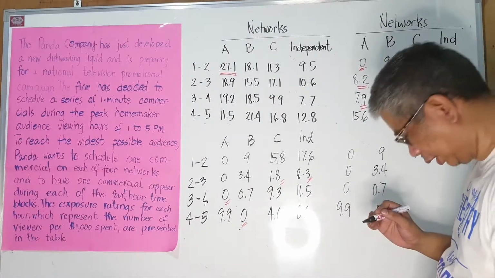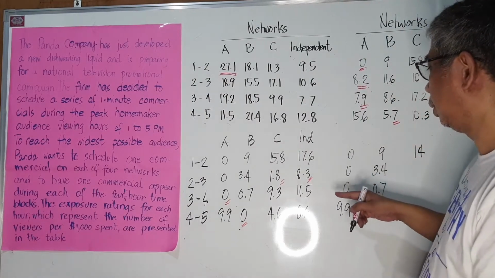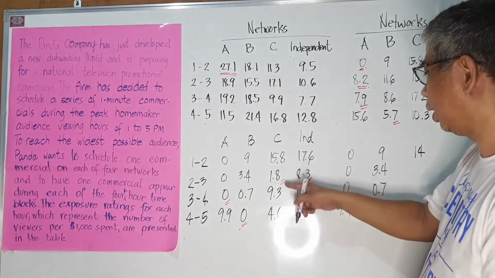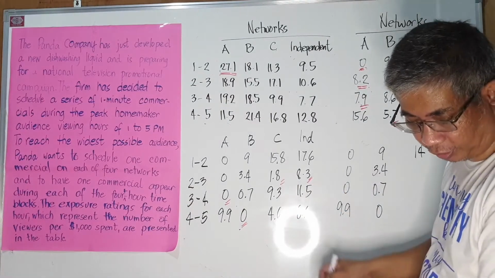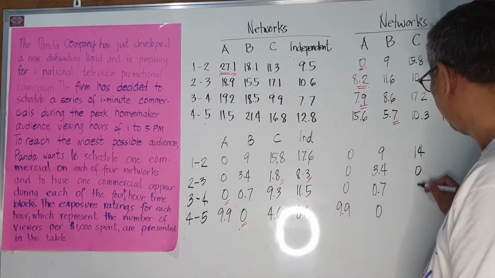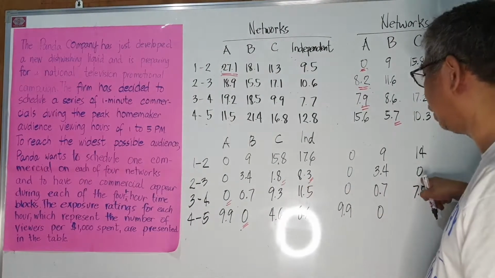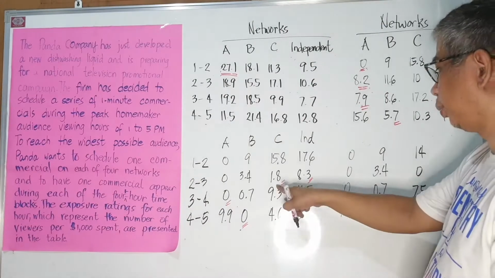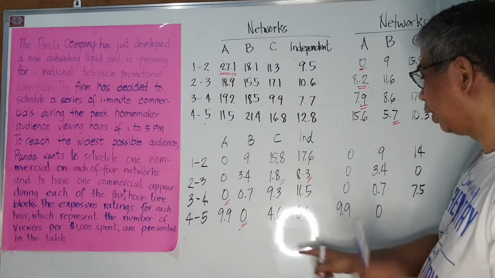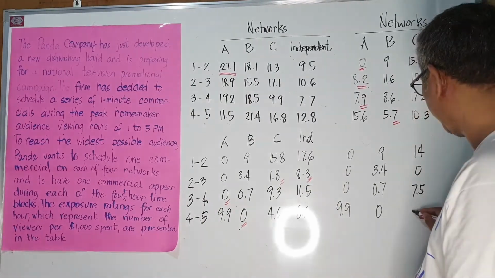Okay? Then, 9.3 minus 1.8 is 7.5. So 1.8 minus 1.8 is 0. 9.3 minus 1.8 is 7.5. 4.6 minus 1.8 is 2.8.